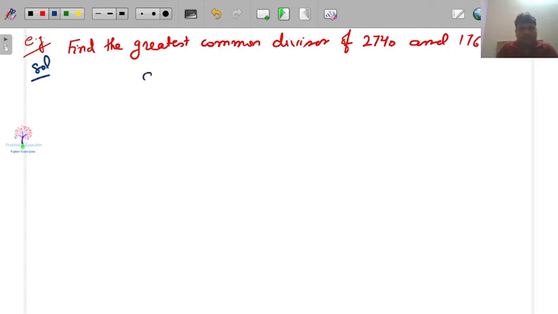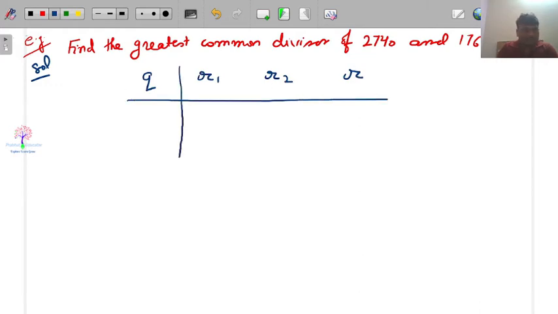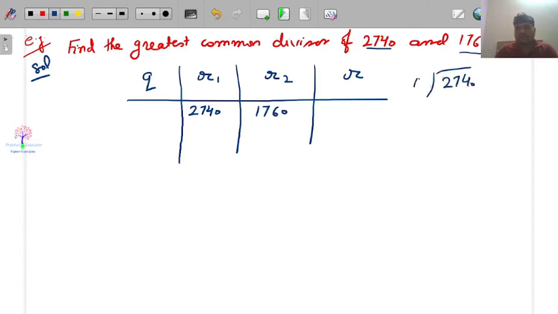First make the table with Q, R1, R2 and R. There will be 4 columns. So here R1 is 2740 and R2 is 1760. So just divide it. 2740 is divided by 1760.